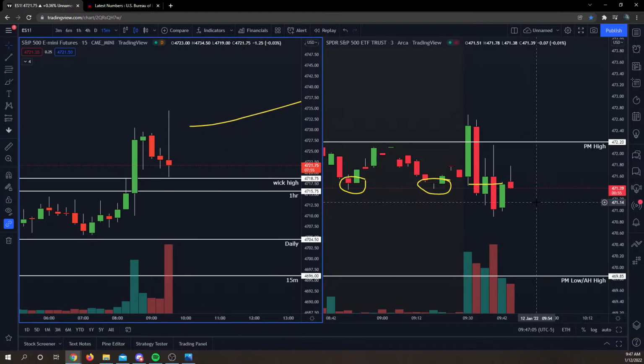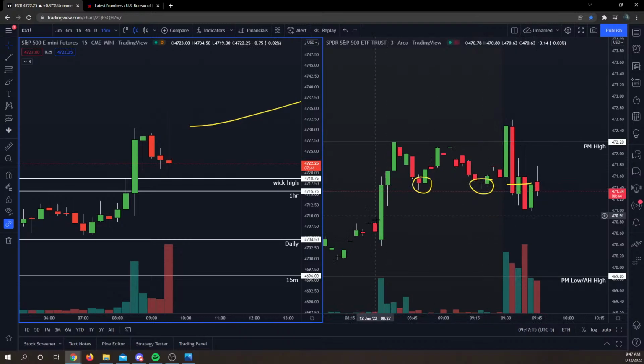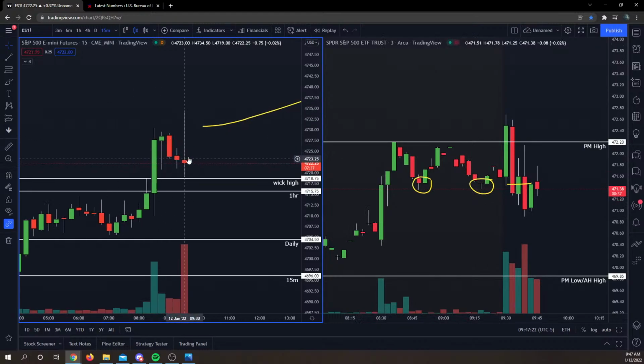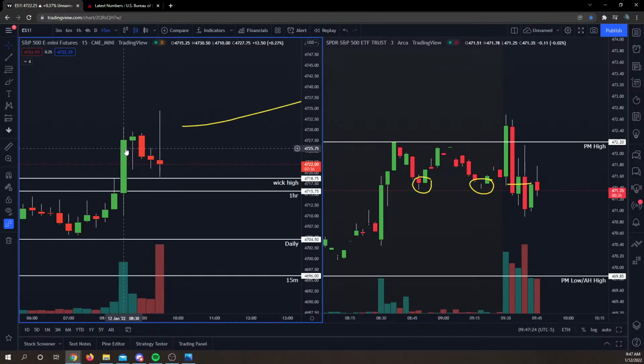Are E-mini futures a precursor to what will happen on SPY? Yes. So you can monitor the E-mini futures because at 8:30 we were having CPI data come out. We see a big spike here on SPY, and we saw a big spike on the E-mini as well.